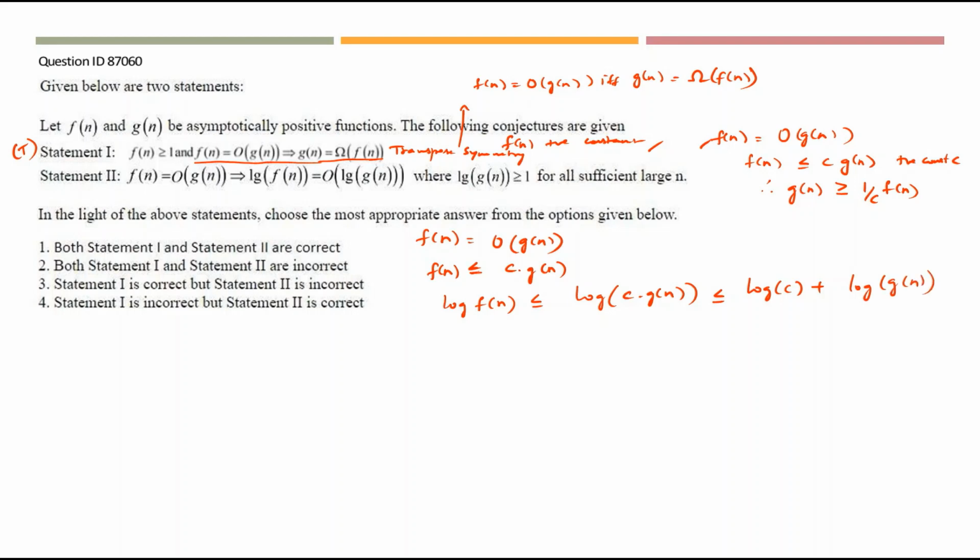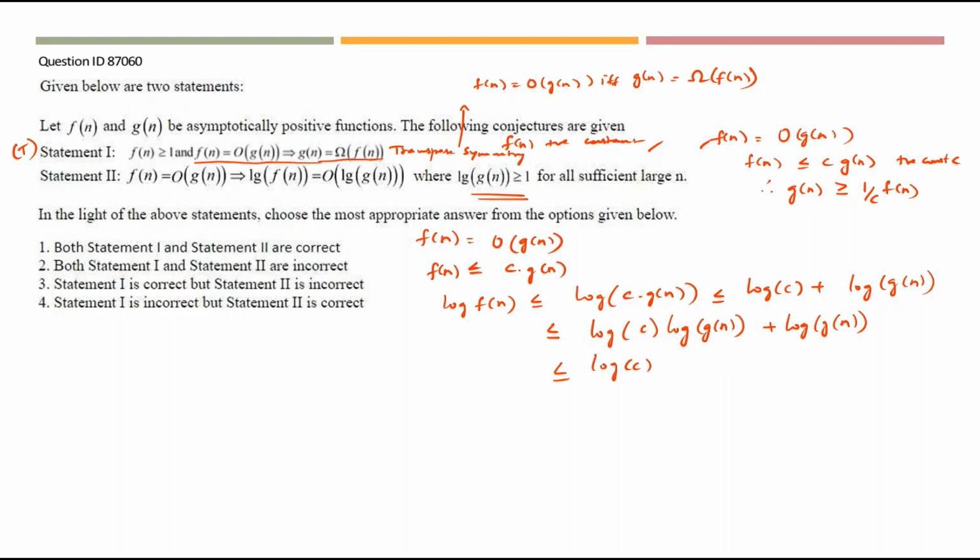From here, I can say it's less than or equal to log of c and log of g of n plus log of g of n. This is because they have given log of g of n is greater than or equal to 1. That's why we are bringing this. We will bring log of g of n outside.